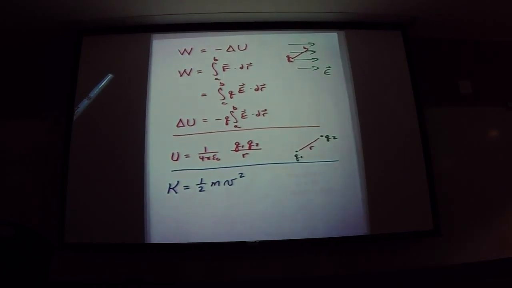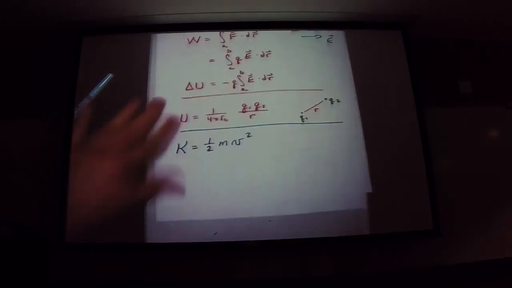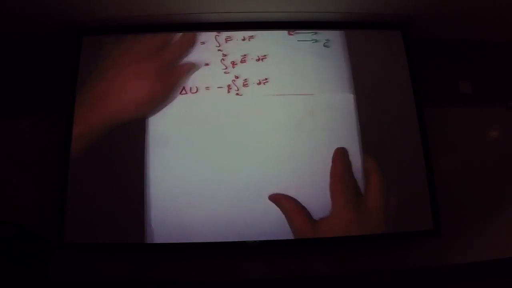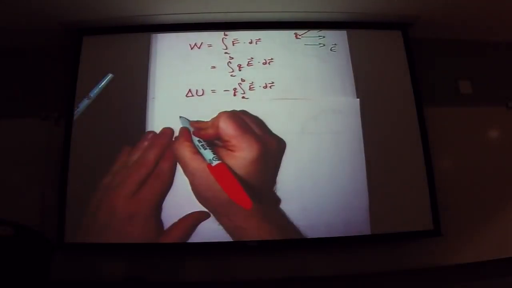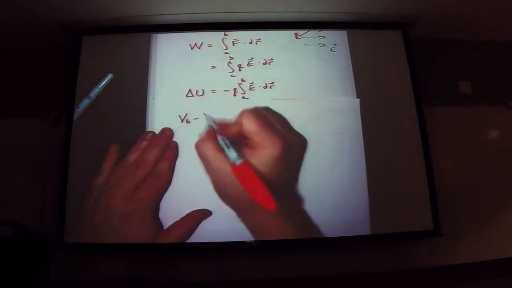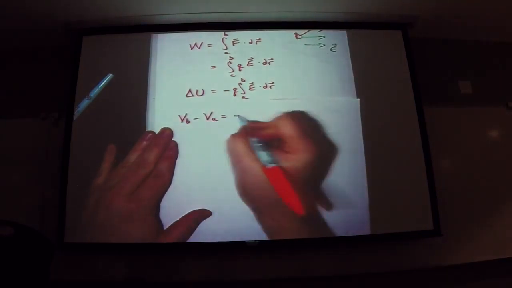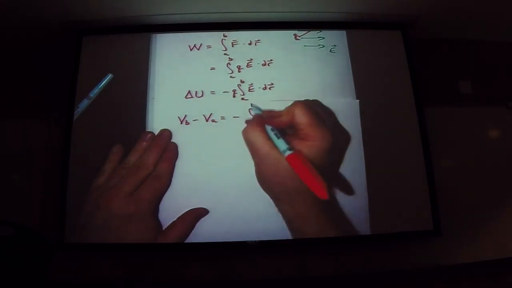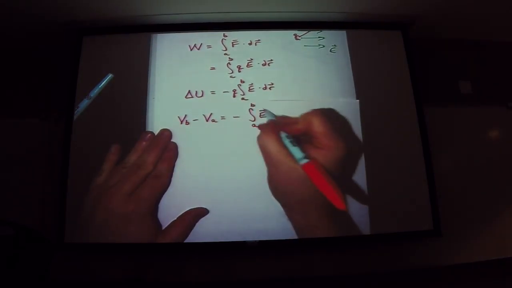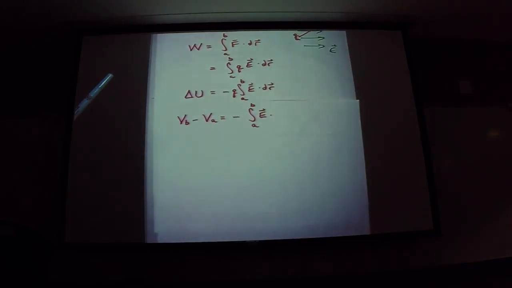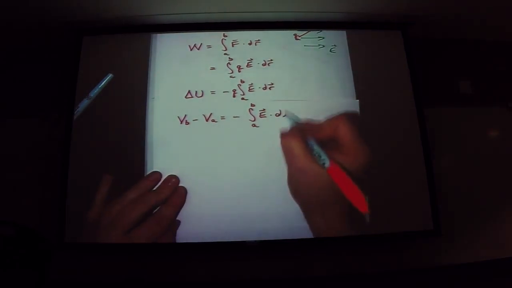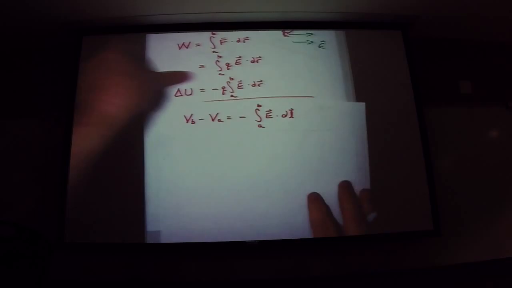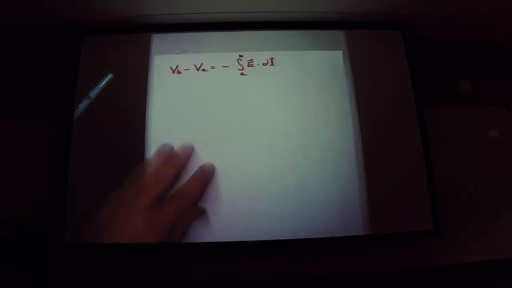And so we can go back and relate the voltage to the electric field, delta U. So VB minus VA is equal to negative, the Q gets divided out, integral from A to B of E dot, and I'll change this in terms of, because your textbook says, dL. Okay?